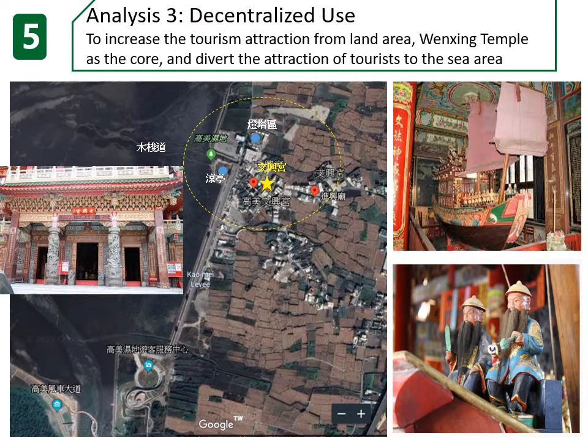There are love stories behind the migration history. Supported through the activation of the community, the Wenxin Temple can turn into a new tourism spot and attract some tourists to visit the inland settlement and divert the tourist activity mainly focusing on the sea area.